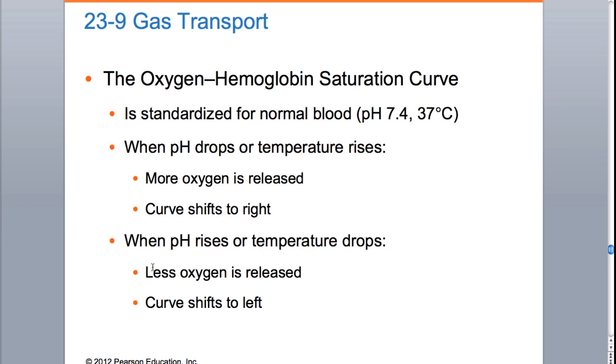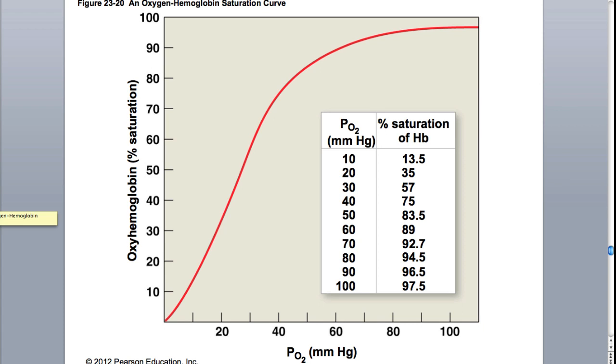Okay. Now, instead of copying this, many books have a picture, so we're going to study the picture. Now, this is your picture for oxygen saturation. Never will it be 100%. Even the chart shows it. Why? Because at the tissue level, we're always producing carbon dioxide. That's how we survive. We're aerobic animals.